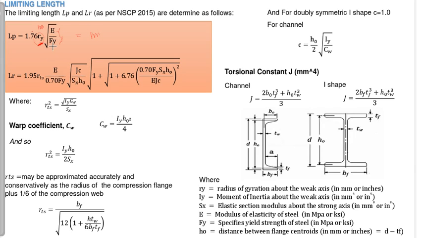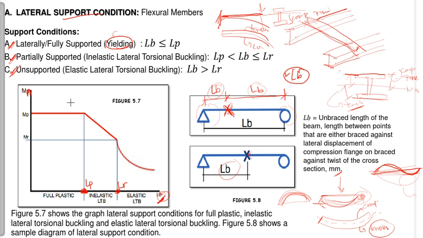Okay? So, kunwari, for example, tayo ulit dito. So, for example, ito yung limit natin, Lp, Lr. So, for example lang. So, pag nag-solve tayo, ginamit natin yung equation, ang lumabas na Lp natin is equal to 3,000 mm, that is equal to 3 meter.